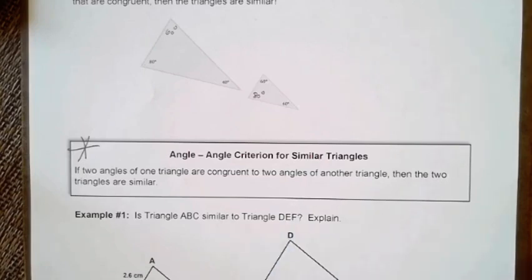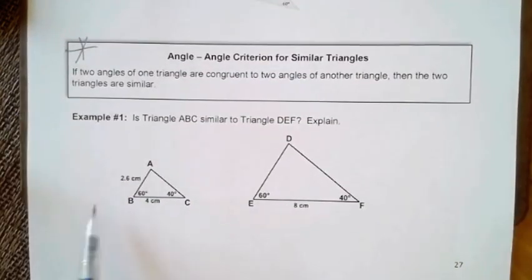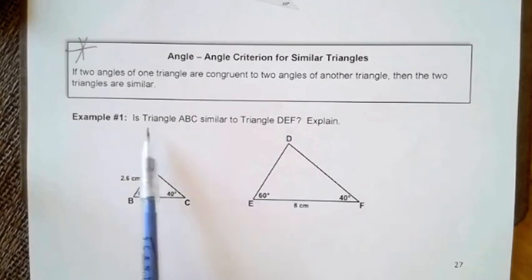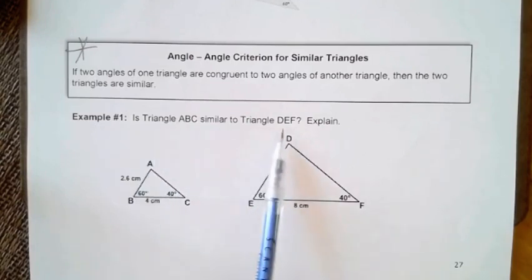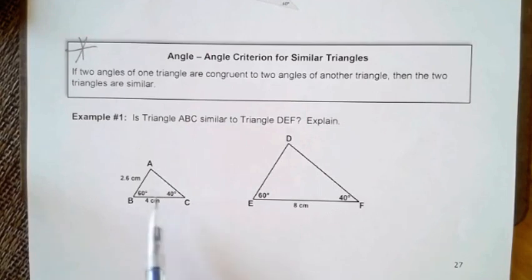Looking at this example, we have triangle ABC, and here we have triangle DEF. I want to know, is triangle ABC similar to triangle DEF? Just by looking at my picture, to be similar, I know they have to be the same shape, but not necessarily the same size. These are the same shape. Looking carefully, I can see that this is a 60-degree angle, and this is a 60-degree angle.